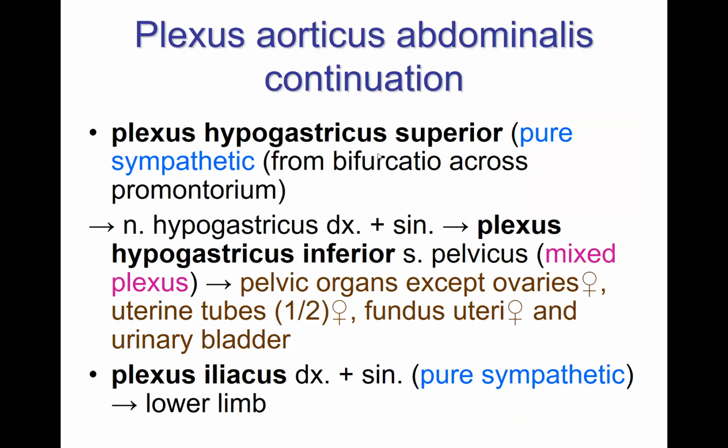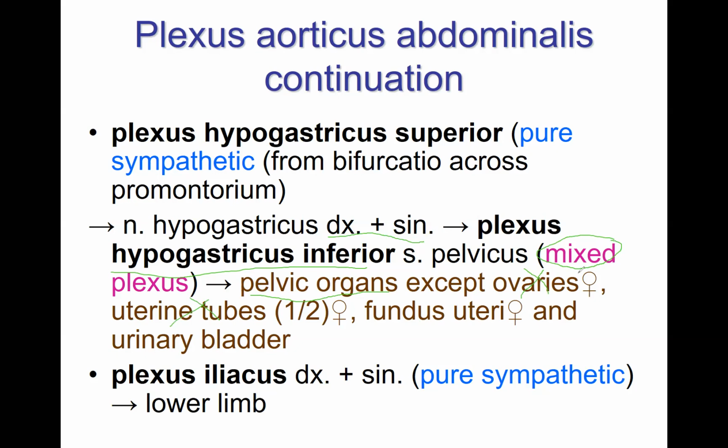So, superior hypogastric plexus on promontory forms the right and left hypogastric nerve, and they again fuse into inferior hypogastric plexus, which is mixed and supplies all the pelvic organs without ovaries, because it descends from above, and half of the uterine tubes.